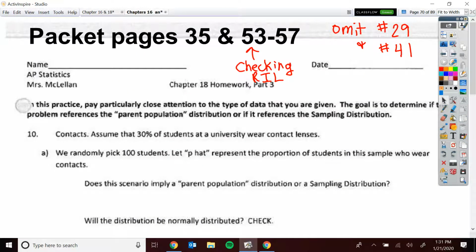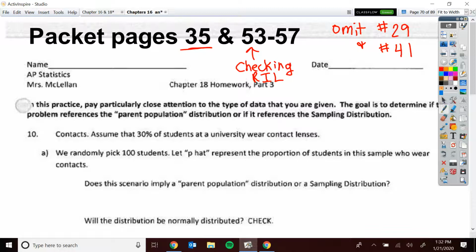Starting, okay, this page 35 is another one of those notation matching ones. Okay, so that's another practice. Page 35 is a notation matching, because that will be on your quiz. And then 53 to 56, and then the warm-up is on page 57. But notice I have two problems to omit.